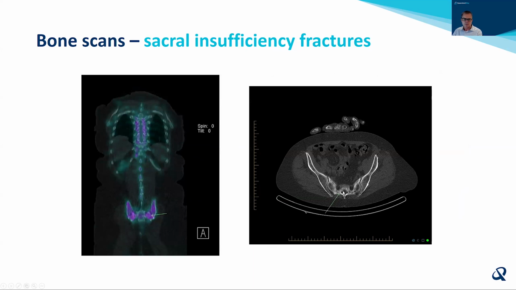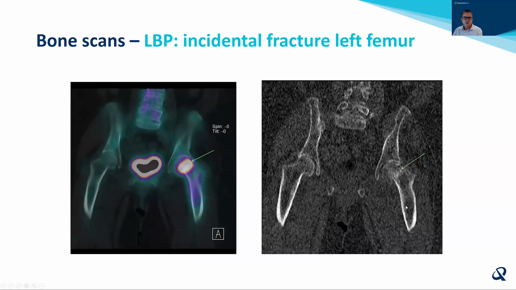This patient has the typical H-type uptake, and then they've got the sclerosis within the sacrum on low-dose CT. Another useful thing about bone scans investigating low back pain is incidental findings. This patient presented with low back pain radiating to the left leg, and she had an undiagnosed fractured neck of femur.